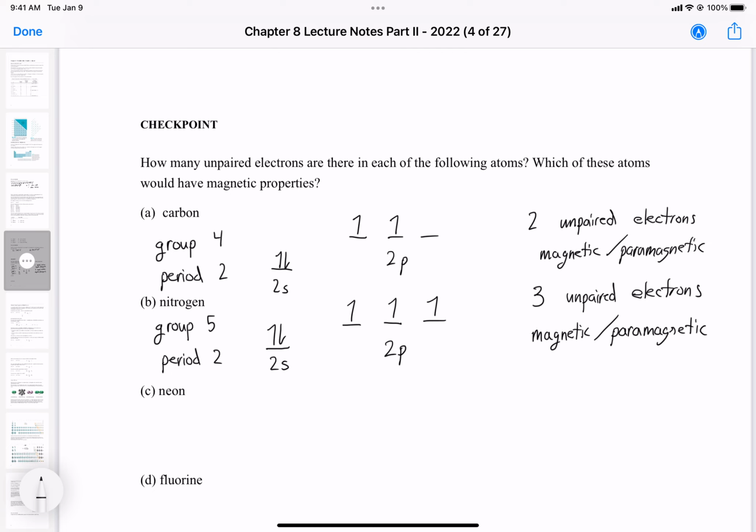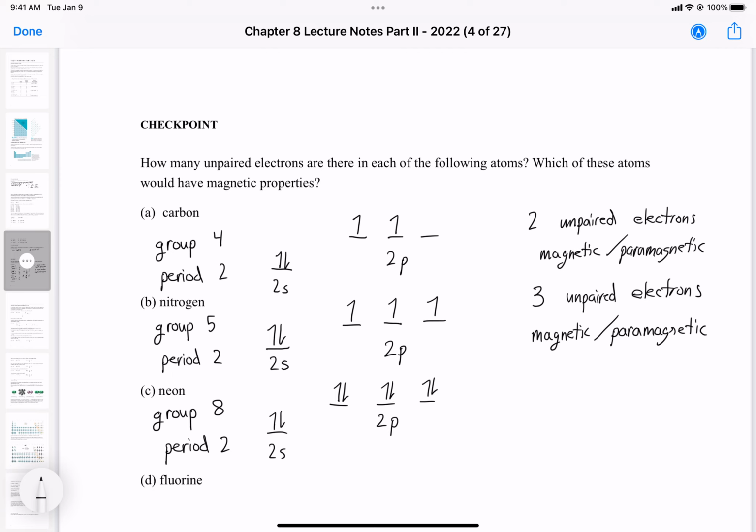All right, how about neon? Neon is in group 8, but also period 2. However, neon now has 8 valence electrons, and if we use the 2p and 2s orbitals, we'll have a filled shell.